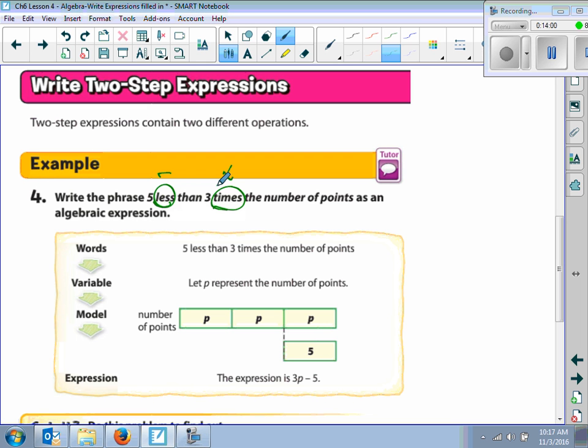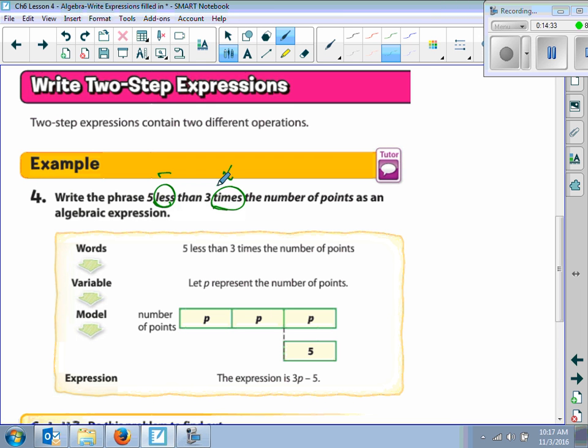When you are writing your expression with two-step expressions, pay attention. We want to use our order of operations. Am I going to write the subtraction first or the times first? Times. We're going to do the multiplication first. So 3 times the number of points, that's 3P.